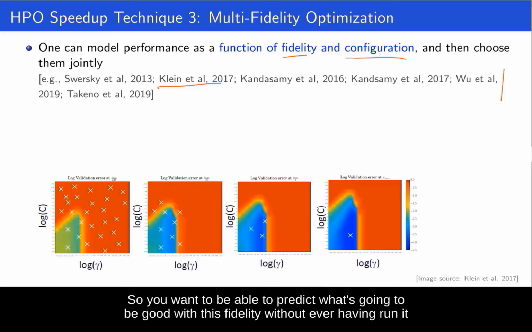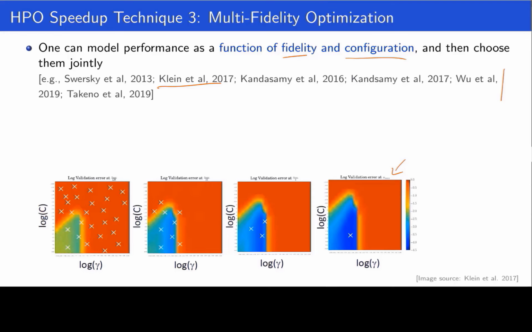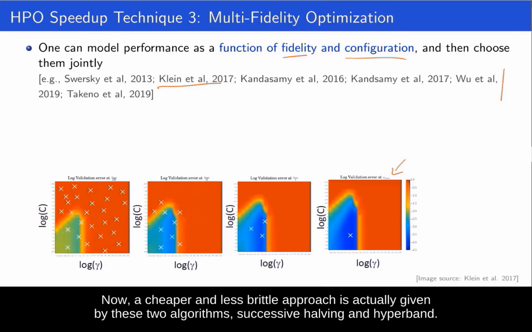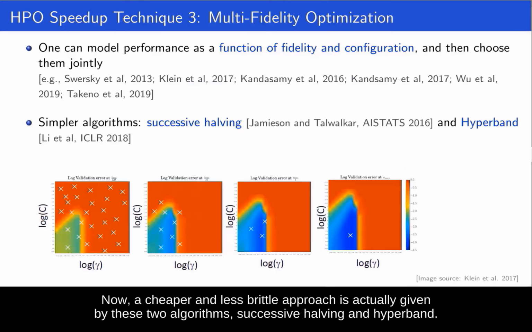So you want to predict what's going to be good at this fidelity without ever having run it, or having run just one evaluation there. Those predictive models may or may not work well, and that depends on the algorithm and the data set at hand.